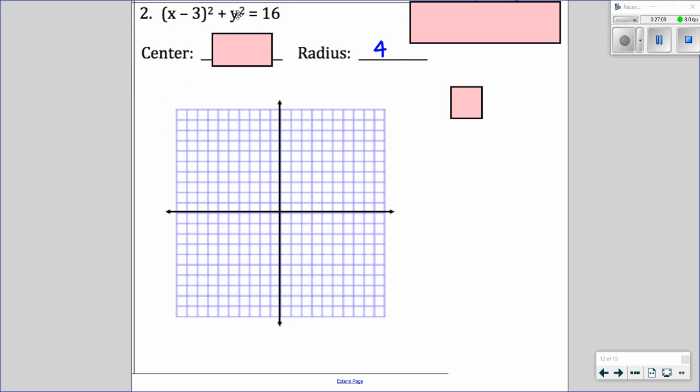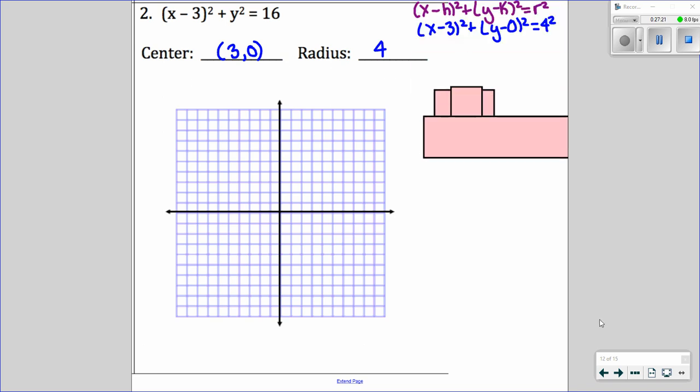How did we get to y squared? It was supposed to be y minus k, so that means our k was 0. So that means we have (3, 0) as our center. You notice that k was 0, so that's how we got to y squared, because y minus 0 is just y, and y squared is just y squared.